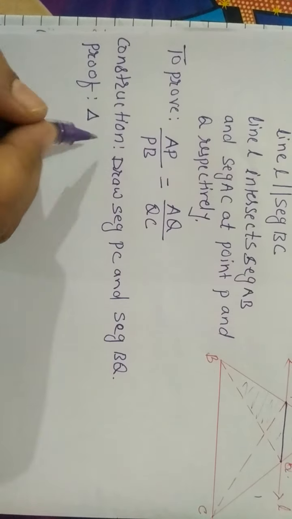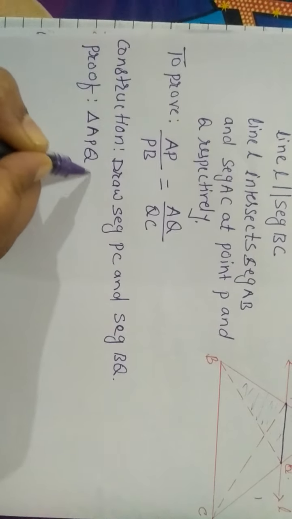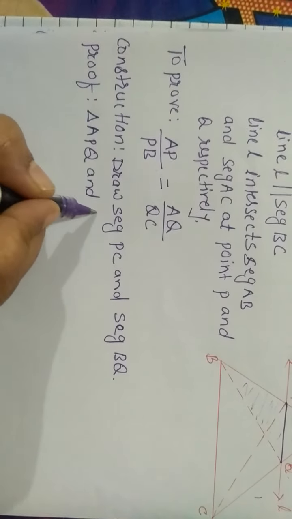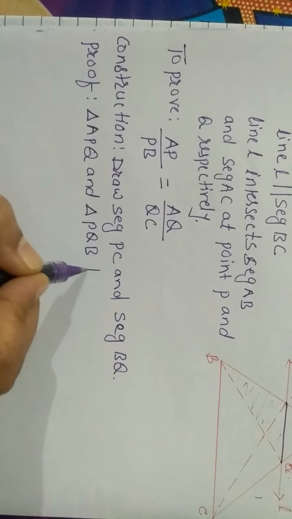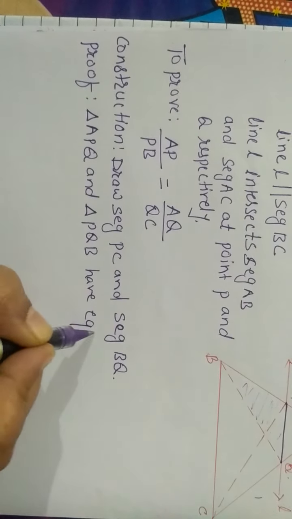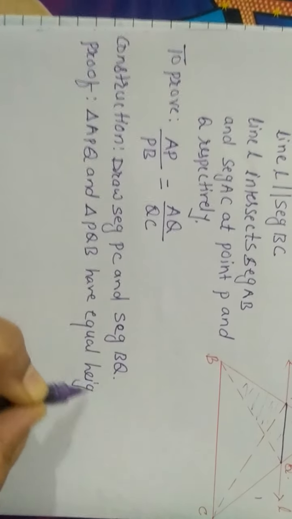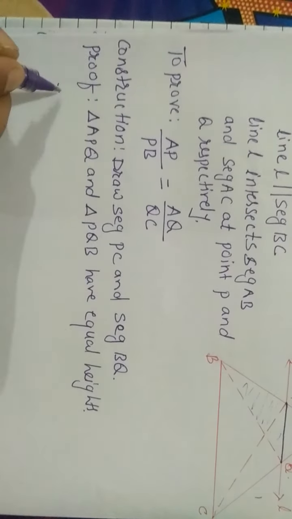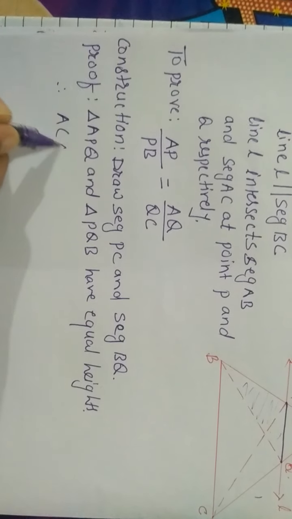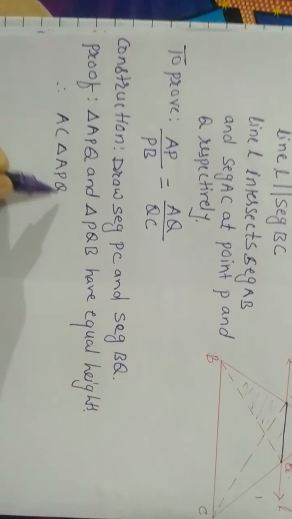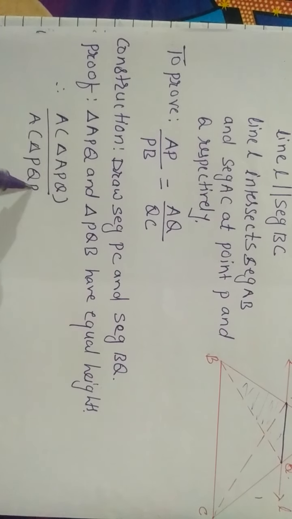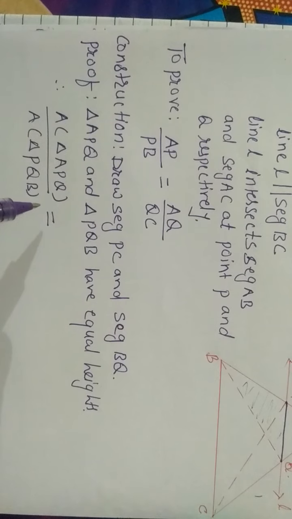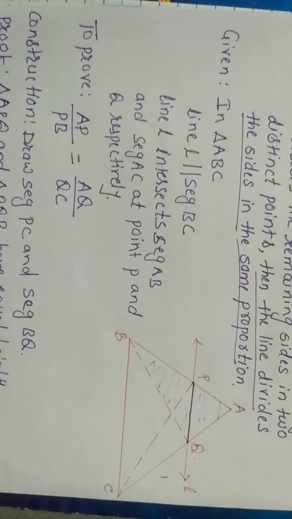So let's start writing the proof. Triangle APQ and triangle PQB have equal heights. Therefore, area of triangle APQ by area of triangle PQB is equal to the ratio of their bases.